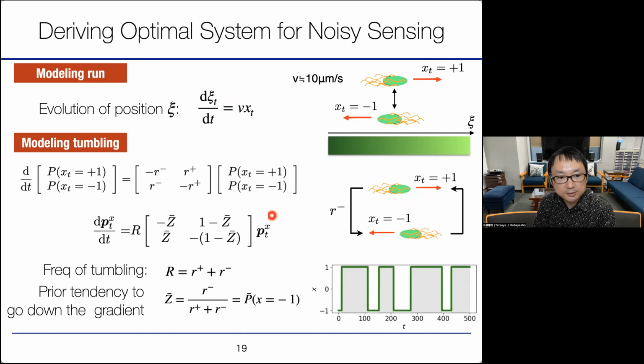R plus and R minus are the switching frequencies from going down to going up and from going up to going down. Therefore, over time, the cell swims up the gradient, down the gradient, up the gradient, down the gradient due to the flipping of swimming direction. So the cell wants to know whether it is swimming up or down the gradient.